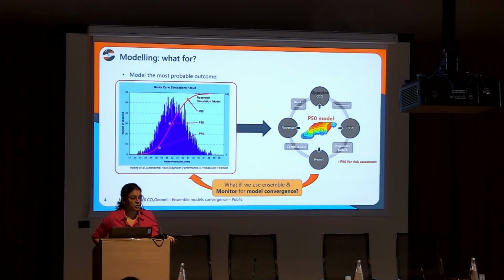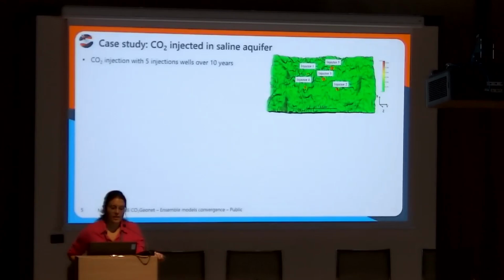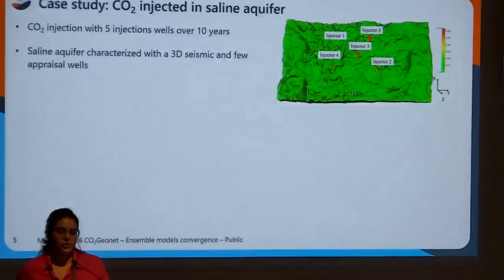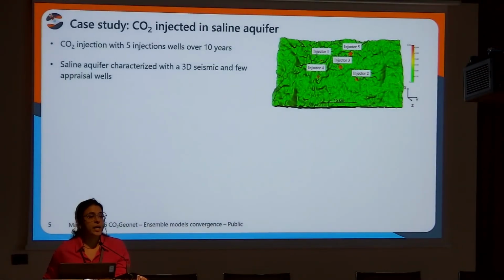To show you how we could do that, we've built a synthetic use case in partnership with CMG, the Computing Modeling Group, and Spotlight. This synthetic use case is inspired from Northern Lights, actually, Utsira Formation. It's an example with 5 injection wells over 10 years of injection, and it's a saline aquifer.